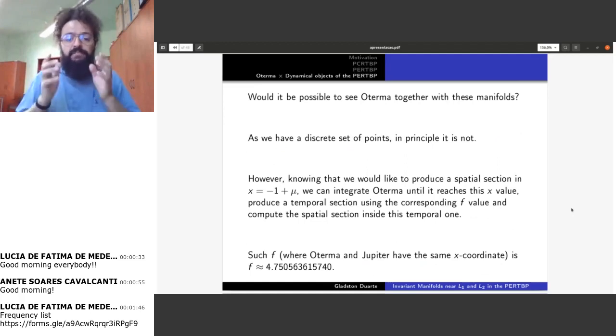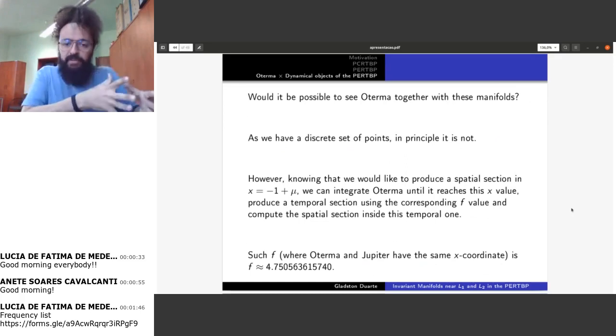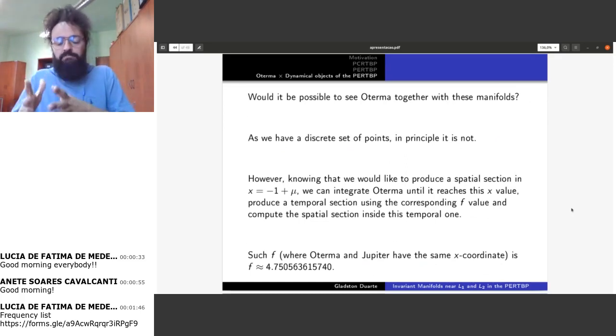In the full 5-dimensional space, Oterma's orbit is a 1-dimensional object. It's a curve, right? So let's see this curve, and then from it we start cutting dimensions.